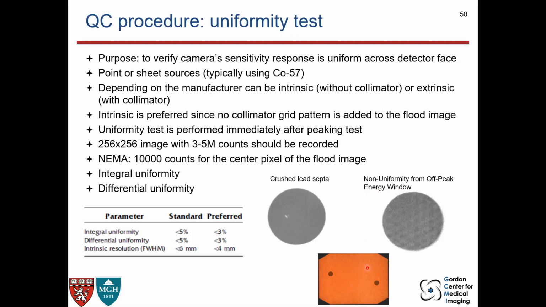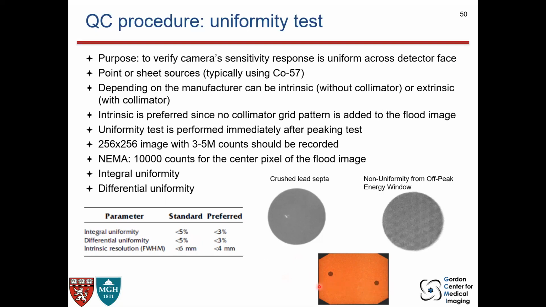So when you get a uniformity image, assume that you pick 2 locations, and this is the entire FOV. Differential means in one location, within 5 image pixels, the count value should be, as a standard, smaller than 5%, preferred less than 3%.